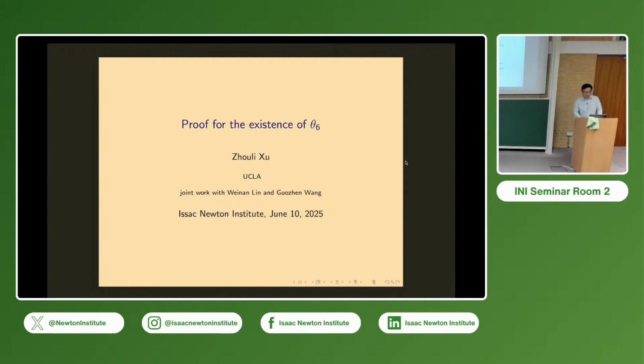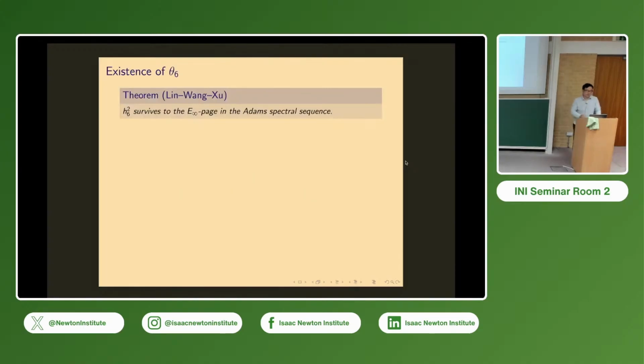I'd like to give an overview of the ingredients of the proof, especially some of the ad hoc part of the argument, and also a little bit of future directions. So the theorem is that the element h6 squared survives to the infinity page in the Adams spectral sequence.